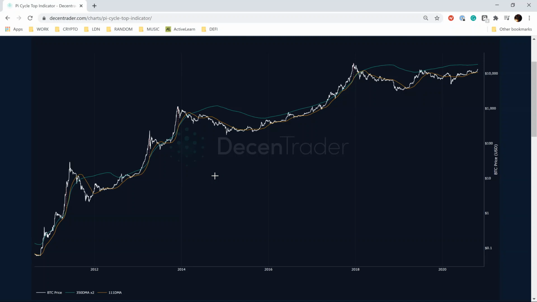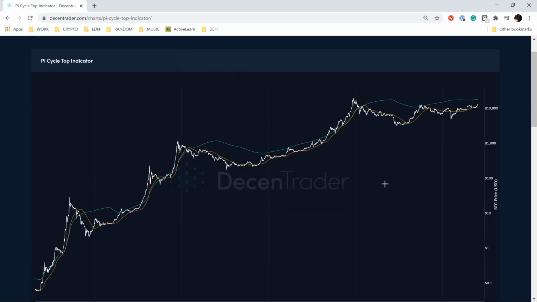Extremely close, like a 0.01 difference. And in fact, it's the closest to pi you can get when dividing 350 by another whole number. So clearly there's something going on here in terms of the cyclical nature of Bitcoin as it goes through its adoption process, and that's why I called it the pi cycle top indicator.